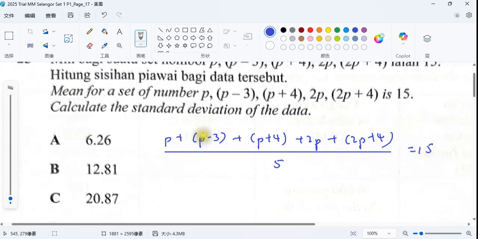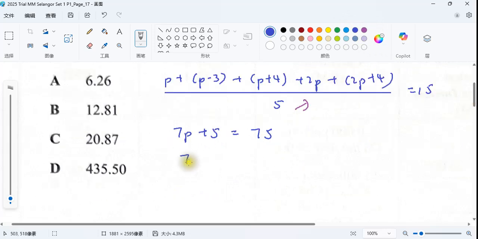So we have 7p plus 5 equal to 75, since 5 times 15 is 75. So we have 7p equal to 70, p equal to 10.